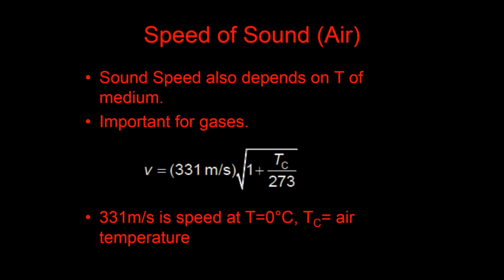So 331 meters per second happens to be the speed of sound at T equals 0 Celsius. And all of these velocities are then calculated relative to that, where Tc here, as said, is the air temperature. If you need a velocity at a particular temperature, you can simply take this formula and substitute in your temperature in Celsius.